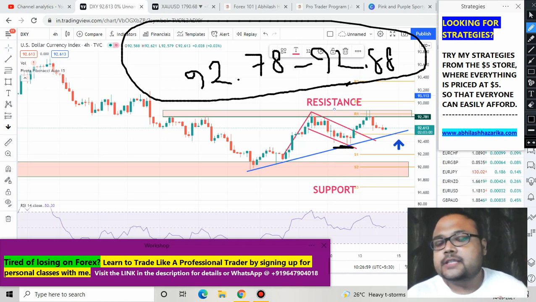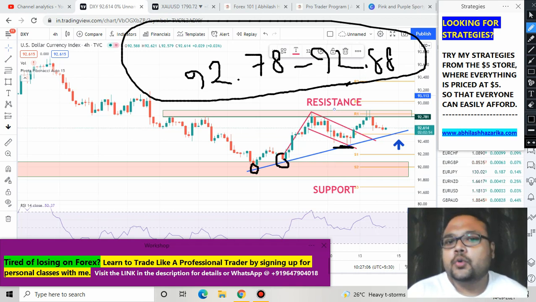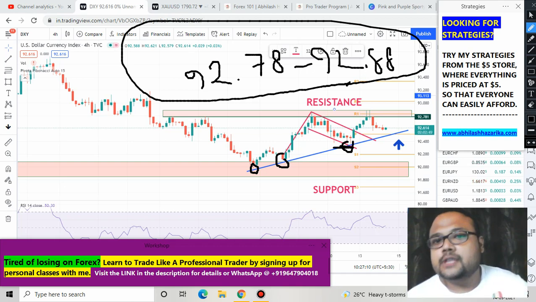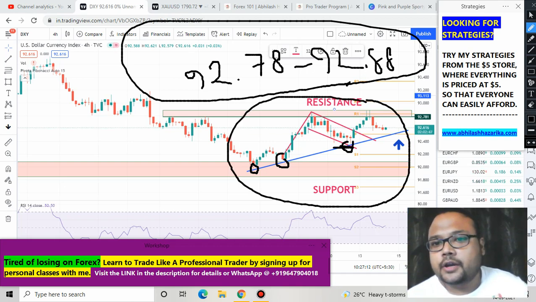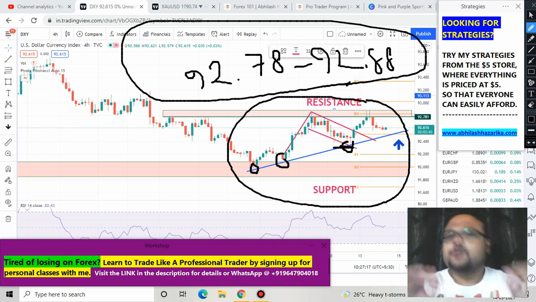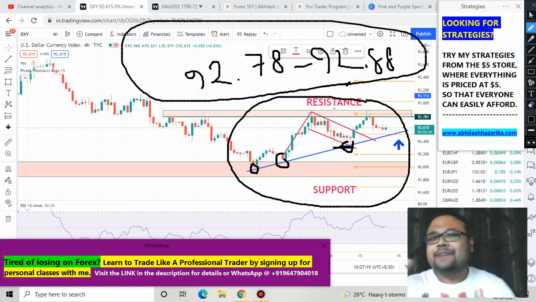This was the previous low here, but the market did not cross it. And if we join these price levels, we get a trend line, which means that if we just focus on this part of the dollar, we can easily see that dollar is in an uptrend right now, and this looks somewhat like an ascending triangle pattern.